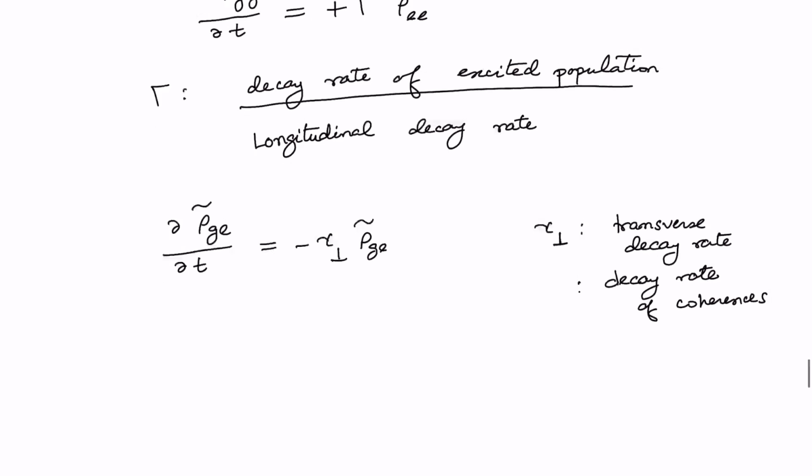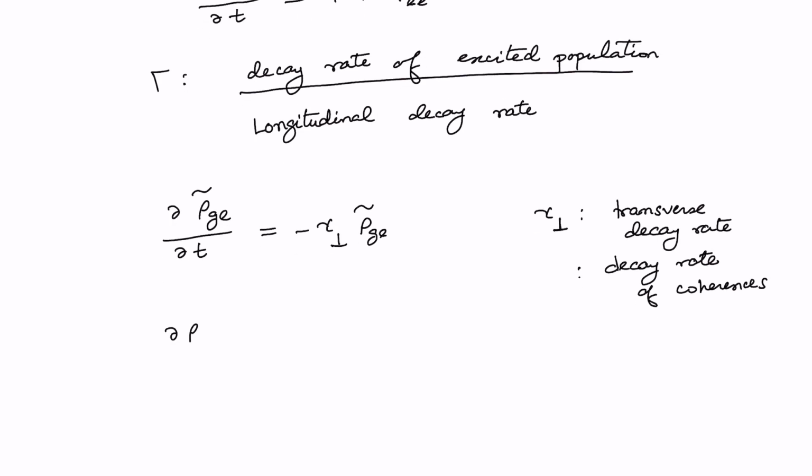And a similar equation I can write for the other coherence term. It also decays in exactly the same way, with minus small gamma perpendicular times rho tilde EZ.